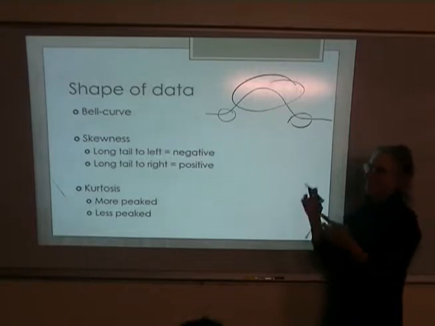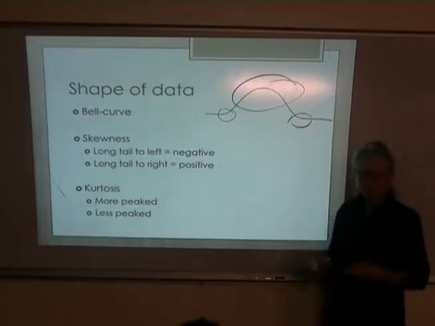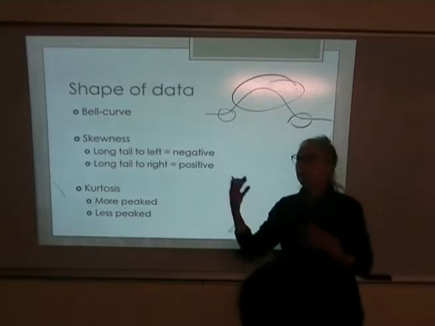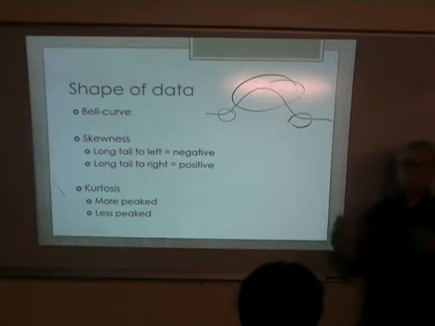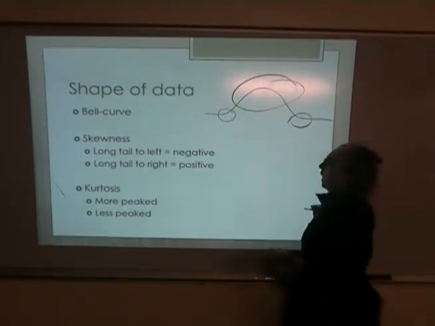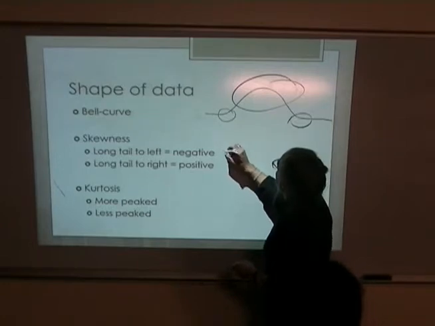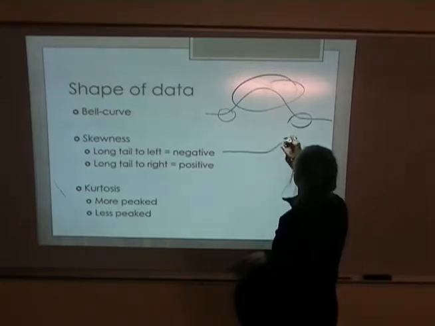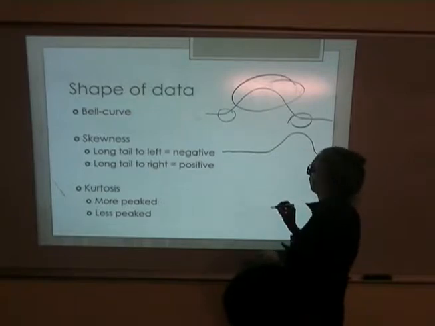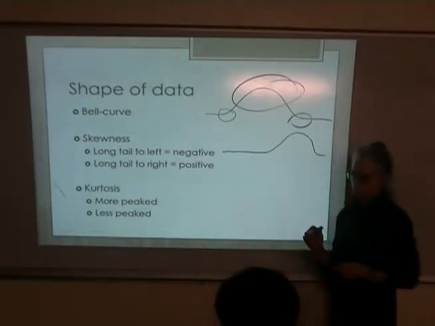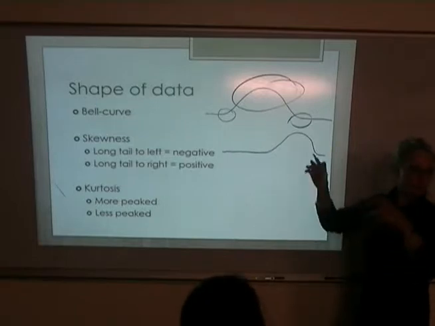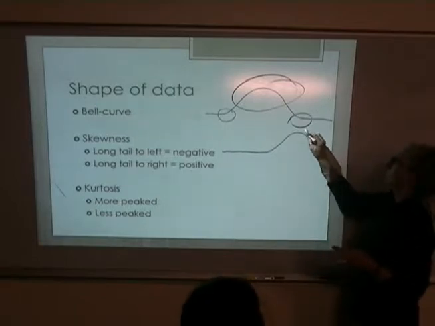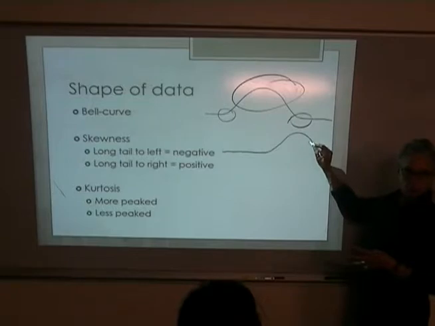Sometimes, though, that's not what we get, okay? Sometimes we get skewed data, and data can be skewed negatively or positively. If my data looks like that, that's called a negative skew. It took me forever to get this straight in my head in grad school, because I assumed that the skewness was decided by where the bump was, but it isn't.